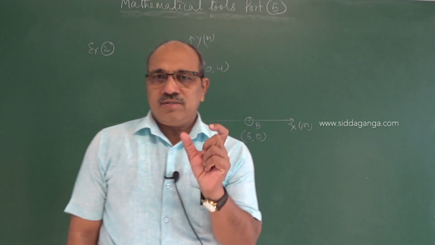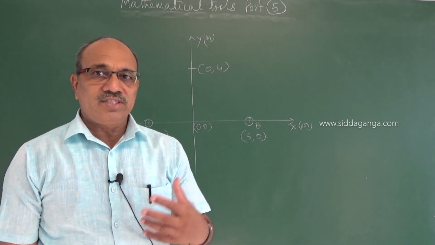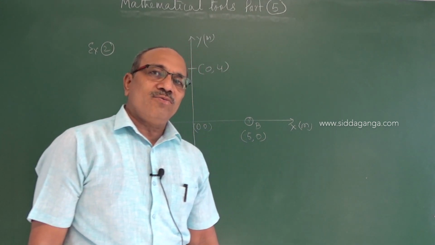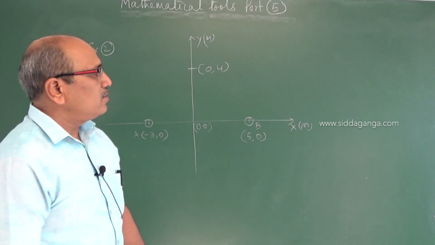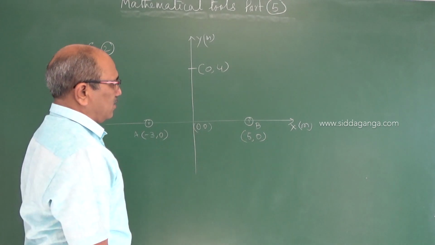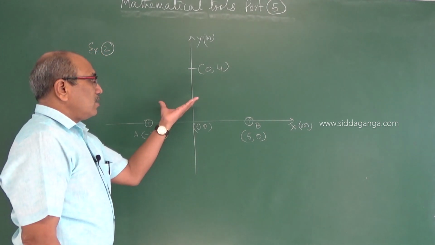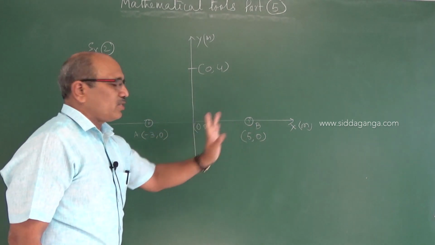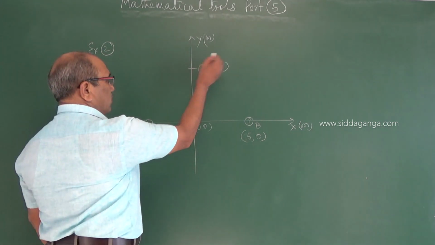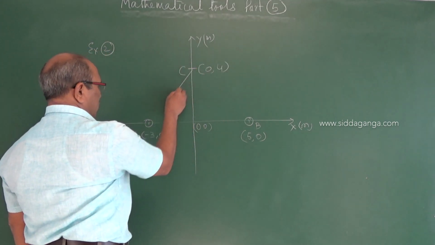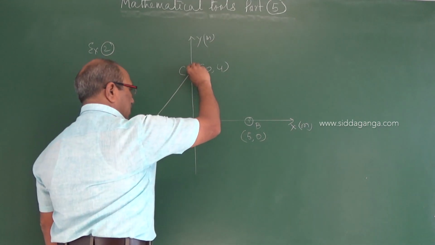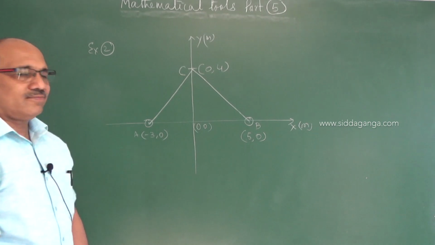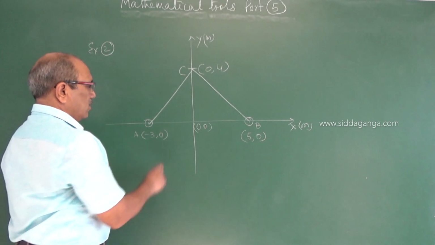Many times these coordinates help us to measure many physical quantities. Even measuring area can give you many physical quantities. So if you want to find the area of the shape that is formed by joining the coordinates together, when you join the point C with respect to A and B, now you have got a triangle.